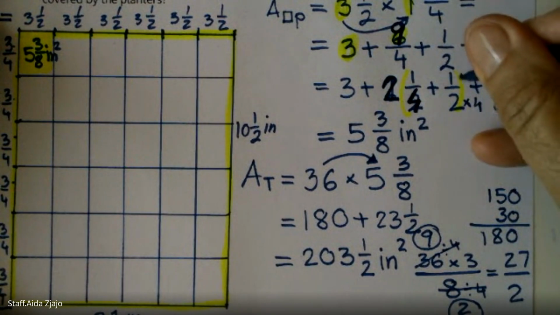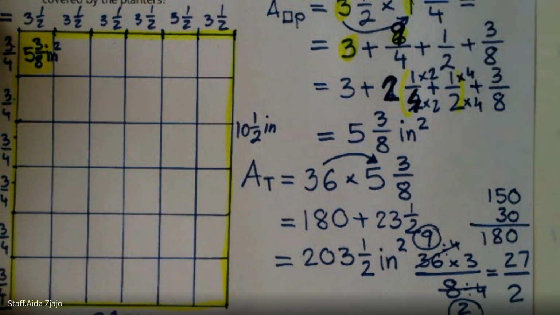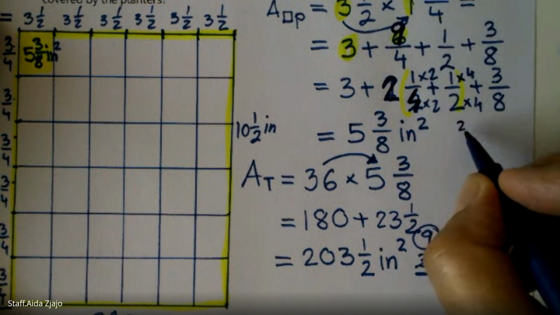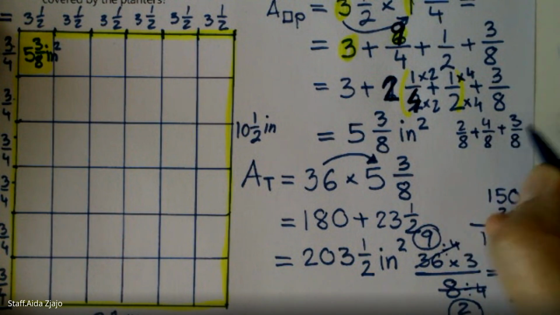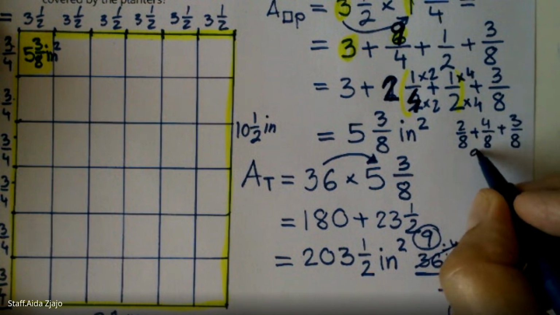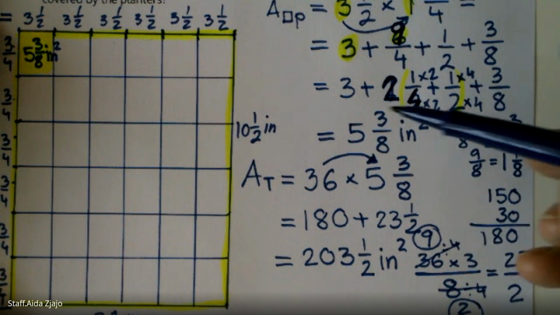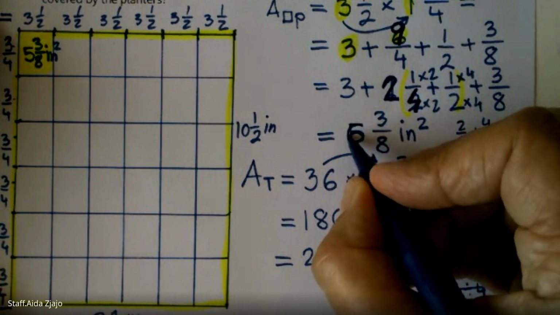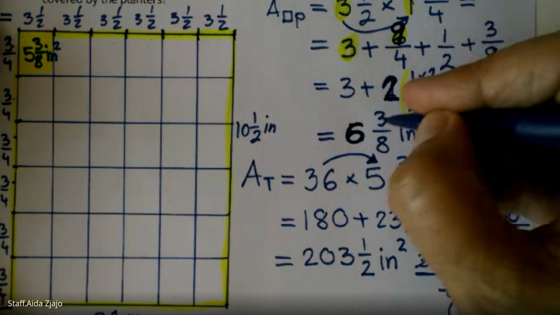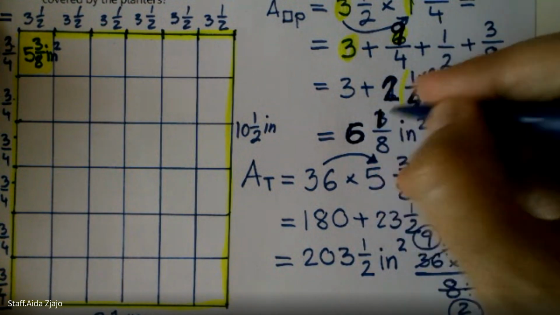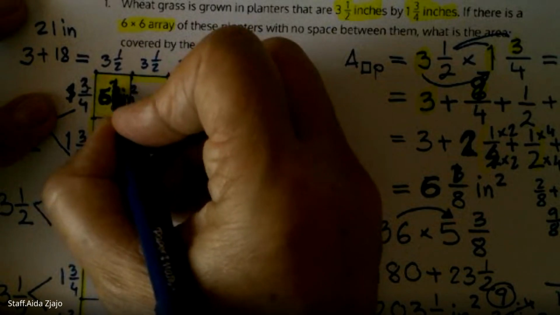So times 4, times 4, times 2, times 2. So this becomes 2 eighths plus 4 eighths plus 3 eighths, which will make 9 eighths, which is 1 whole and 1 eighth. So finally, you got here 6 and 1/8.